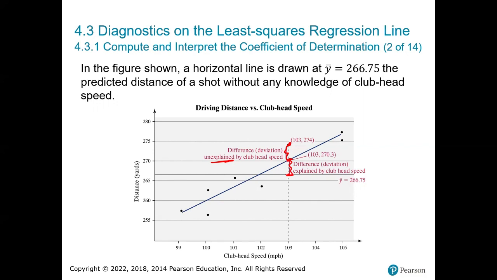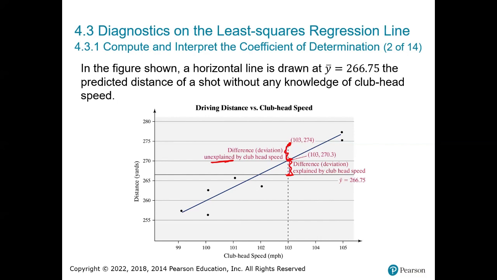Again, we knew at this point, our average distance that we hit from 99 miles per hour to 105 miles per hour was 266.75. Our equation told us that with a speed of 103, we should get 270.3 yards. That makes sense.